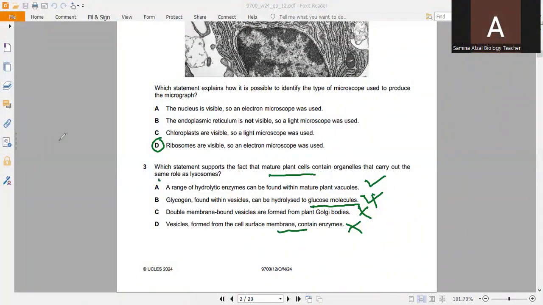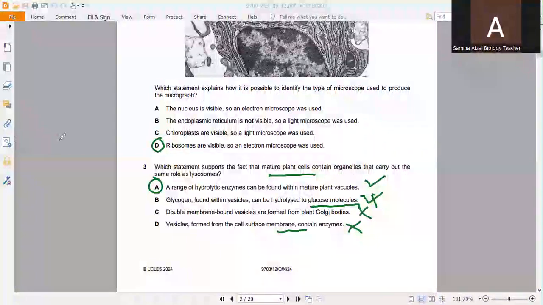So only A is the correct option, according to which in the mature plants there are hydrolytic enzymes which can break down the substance or the material which is waste and not needed by the plant. You know, the vacuoles are storage, just like the storage bubbles in plant cells.